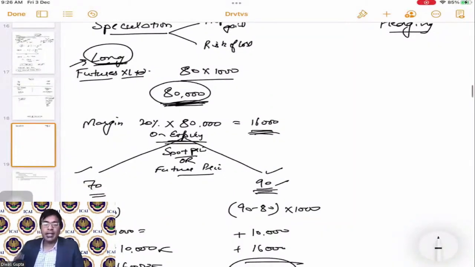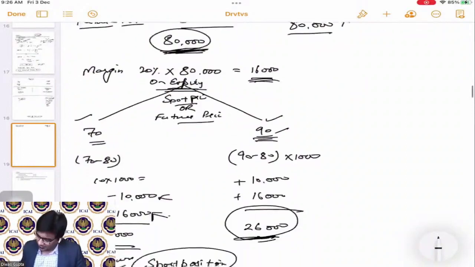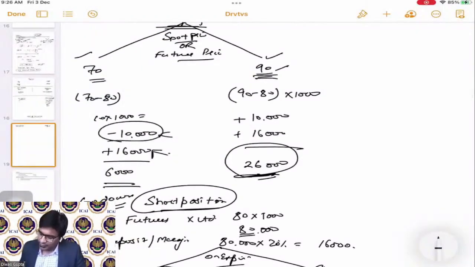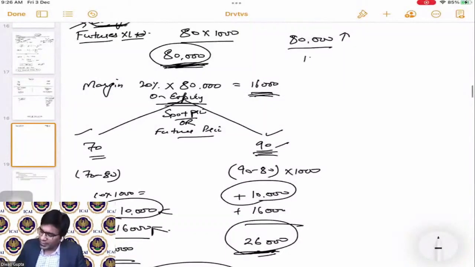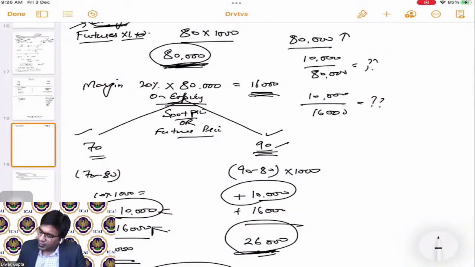So in the equity market, now you tell me you will invest 80,000 rupees. Your cash flow is 80,000 today. On 80,000, you are earning how much? Only 10,000. Correct? So 10,000 on 80,000 will be how much? And 10,000 on 16,000 will be how much? Because in this case, you have only invested this margin of 16,000.